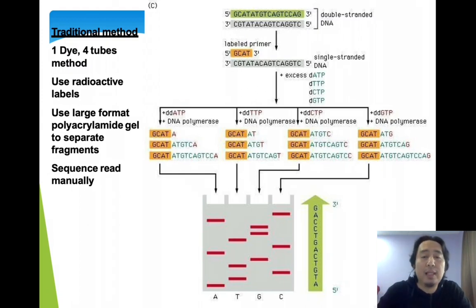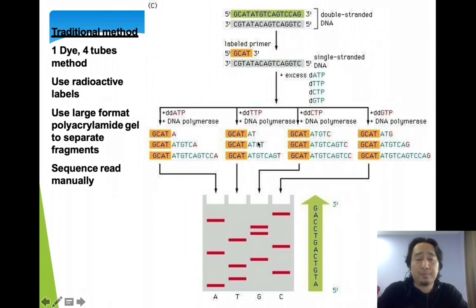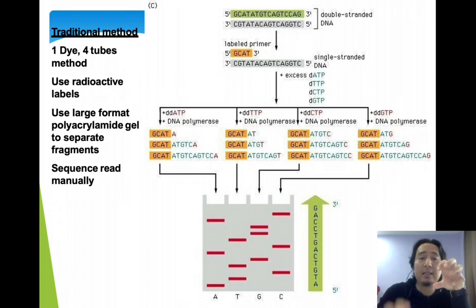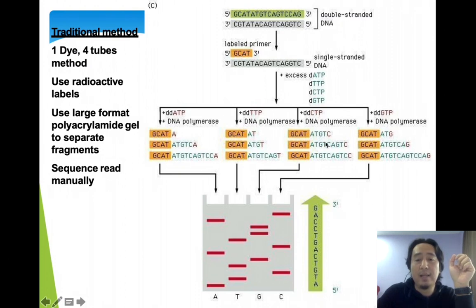Same as on the next test tube, number 2. You add primer, you add your sample, you add the dNTP, then you add ddTTP, then you add DNA polymerase. So when there is T, when DNA polymerase recognizes T, then the process is terminated. Same here, when the polymerase recognizes C, it will take ddCTP, so elongation cannot occur.